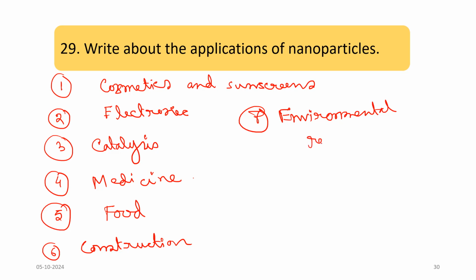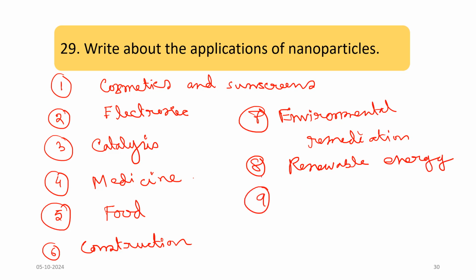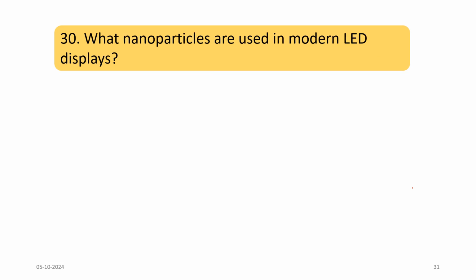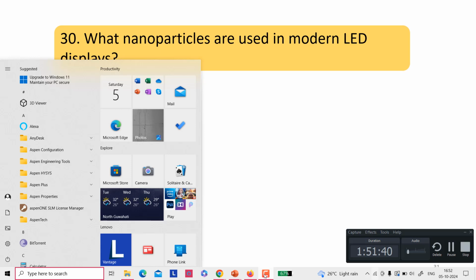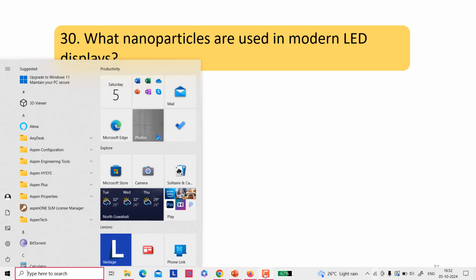So, nanocrystalline lead telluride, cadmium sulfide, zinc selenide, and sulfide are used in the light emitting diode LED modern displays. Okay.